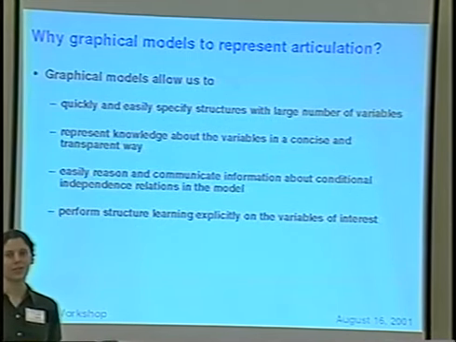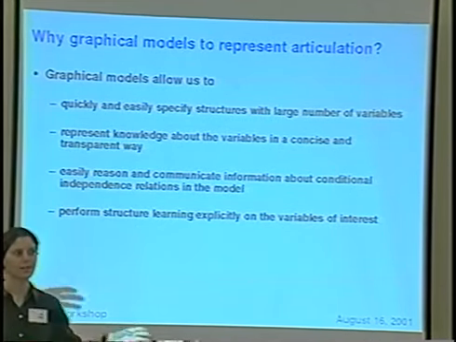So there are statements that you want to make about only voicing or only nasalization, and then you either have to talk about parts of states or clusters of states, and it gets very clunky. And if we want to do structure learning, we can do structure learning on the particular variables of interest. And again, we have to think about what state combinations correspond to that variable.